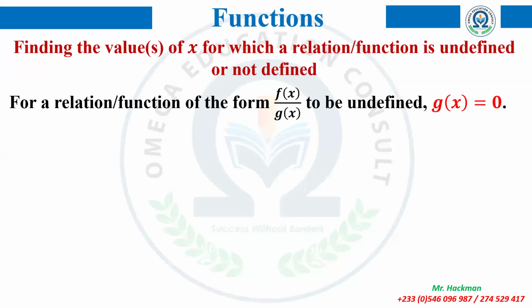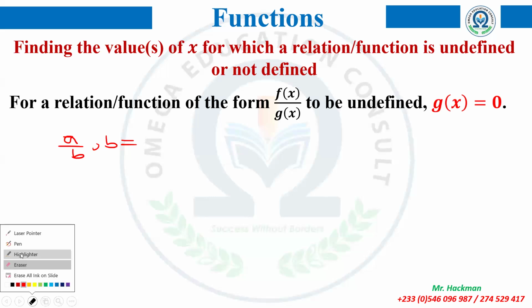So just as I was saying, anytime I have any expression of this form, a over b, this will be undefined when b is equal to 0. Sorry, I wrote not equal to. I can still use that one to make my point.